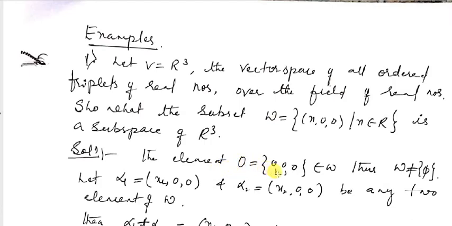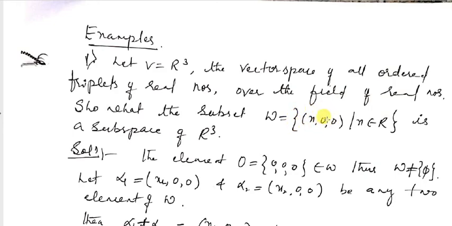The element (0, 0, 0) belongs to W. The 0 is a real number, so we can say W is a non-empty set. So let me consider two elements of W. Let one be denoted by alpha 1, which is in the form (x1, 0, 0), and another element alpha 2 in the same form (x2, 0, 0).